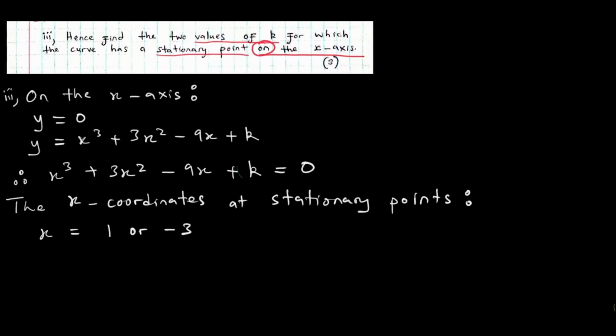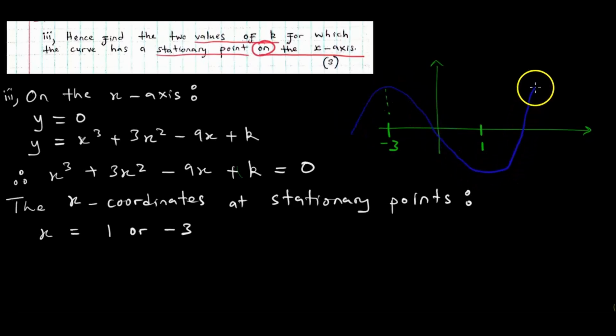So if the curve has a stationary point, let's say we have drawn an xy plane like this. Our curve is somewhere here. We are told that when x is 1 or minus 3 there will be stationary points. So let us just loosely imagine our curve looks like this, and it's just an imagination.